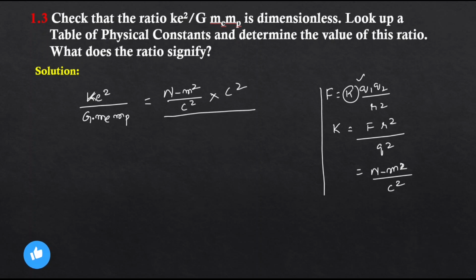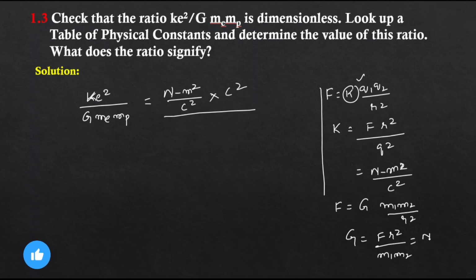Now come to the second one. Here G is the universal gravitational constant. That formula I am going to show here: F equals G into m1 m2 by r square. If you separate G here, we get F into R square by M1 into M2.